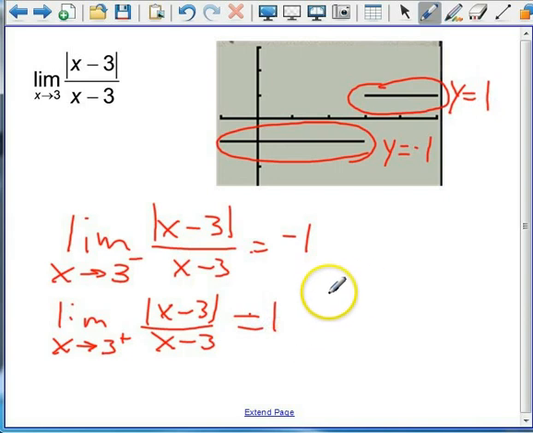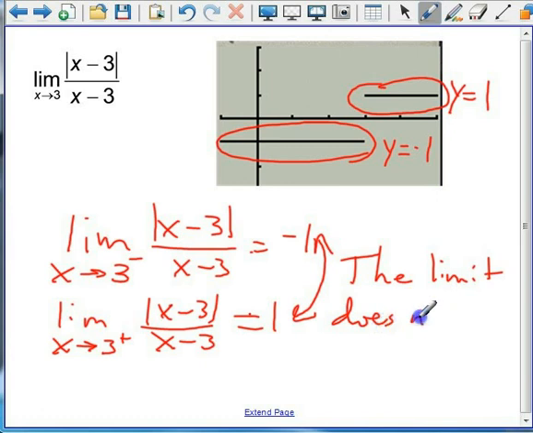And guys, if the limit isn't the same value coming from the left and from the right, we have to say that the limit does not exist. So that's an important concept about limits. Unless you get the same y value coming from the left as you do from the right, you have to say that the limit doesn't exist.